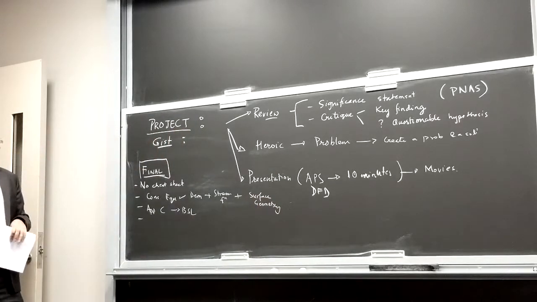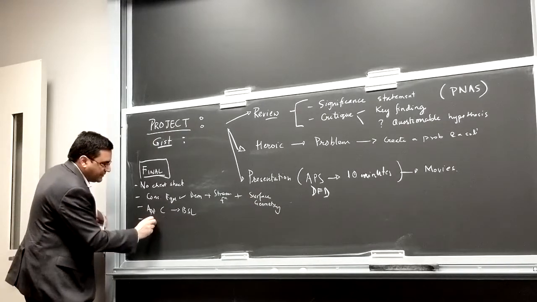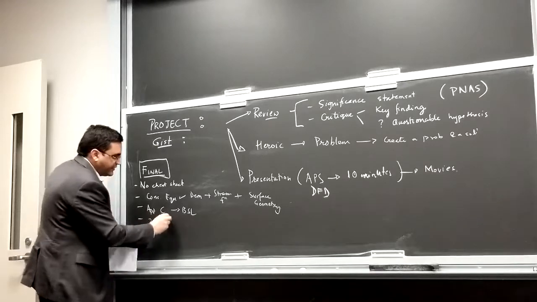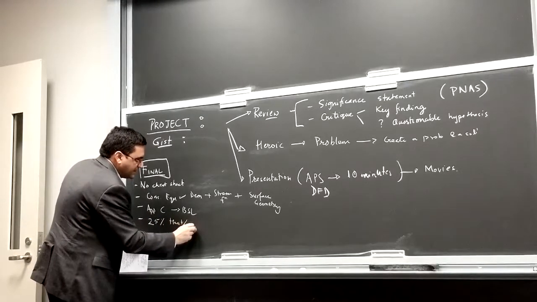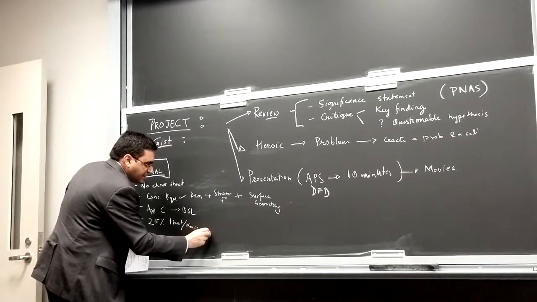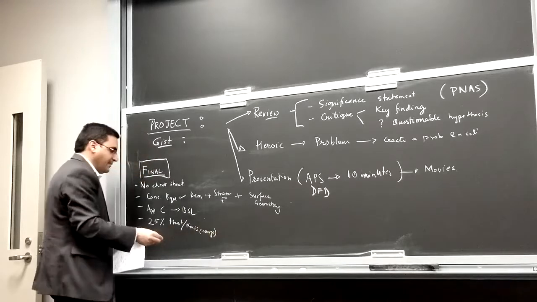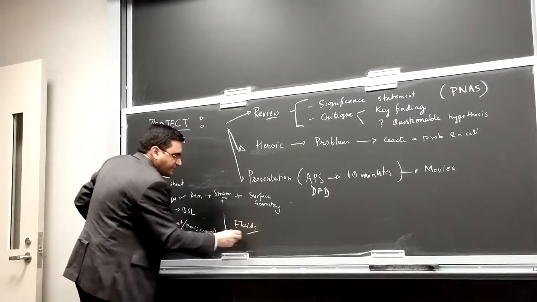All right, and then the other thing is the final would be maybe around 25% for heat, mass, that includes charge, and most of it is going to be fluids.